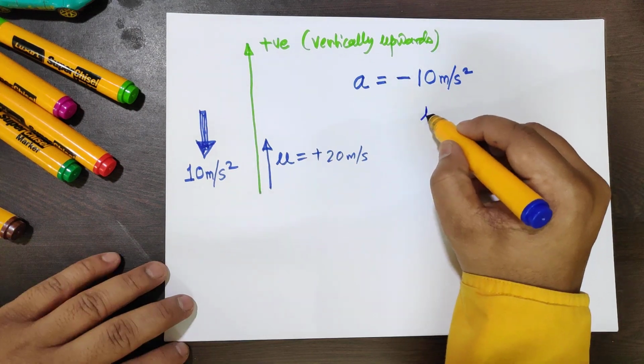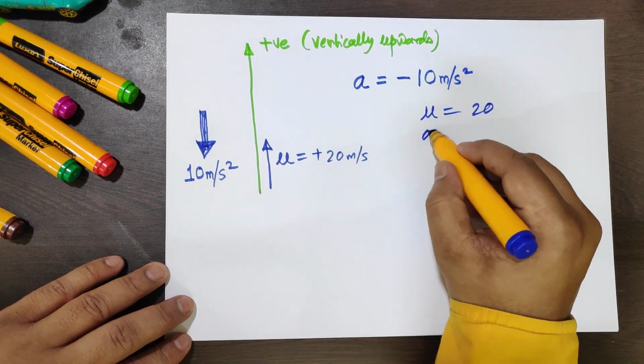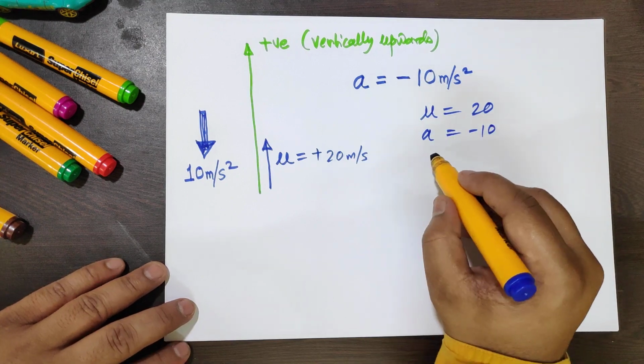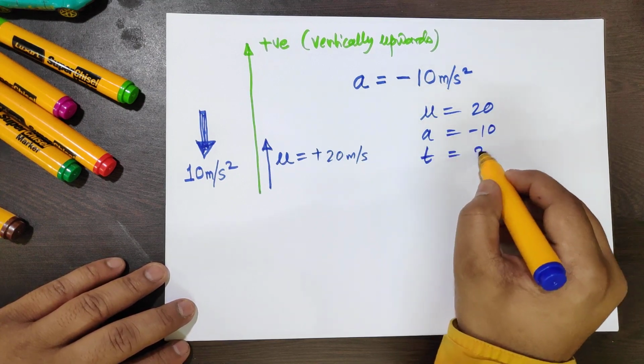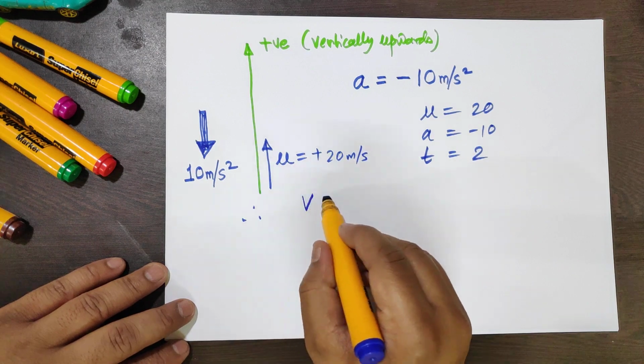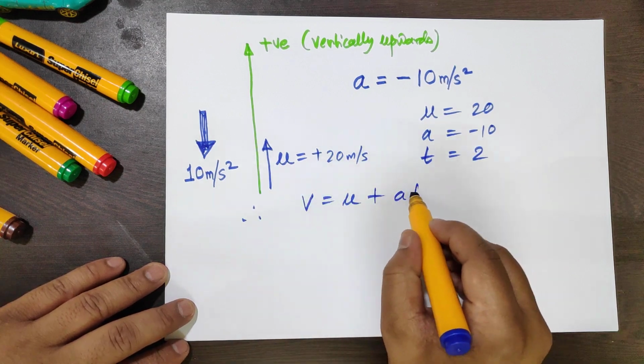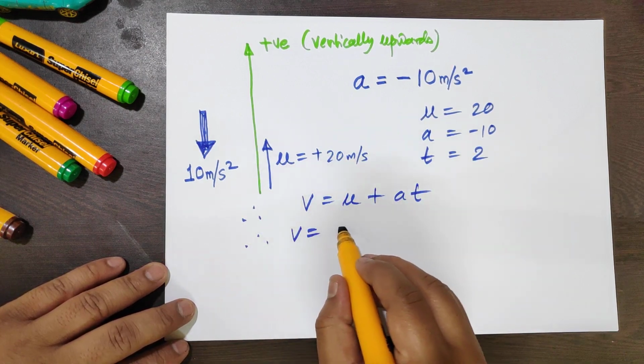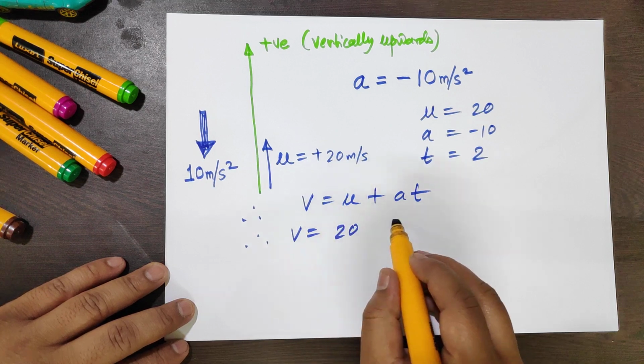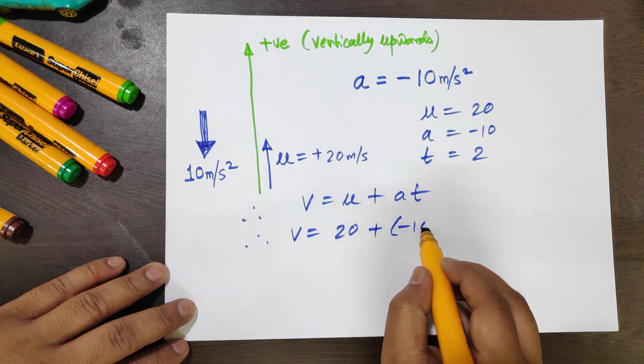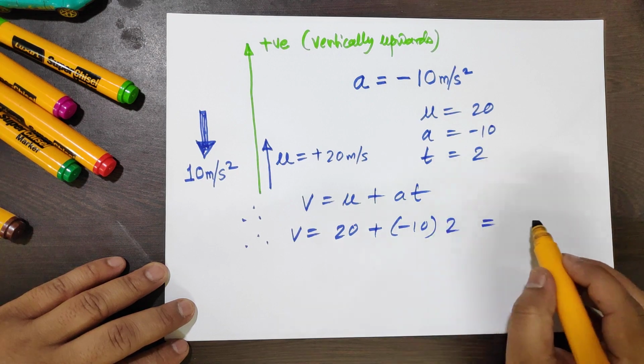So we'll put the values u equal to 20, a equal to -10, and t equal to 2. Let's put in the equation v equal to u plus at. Therefore v equal to u plus -10 into 2, so that's 0.